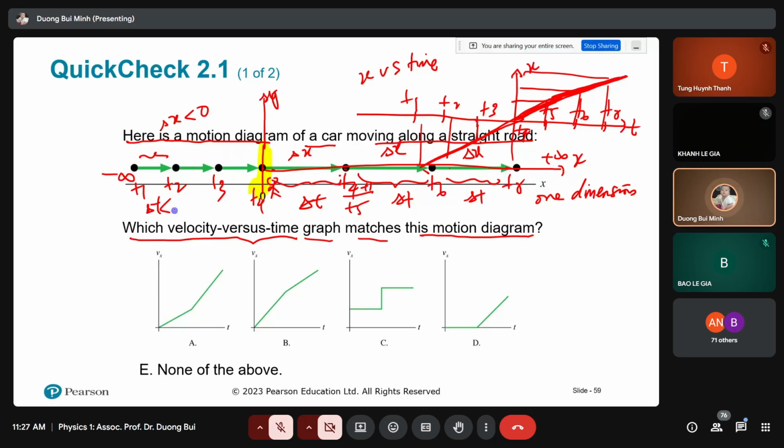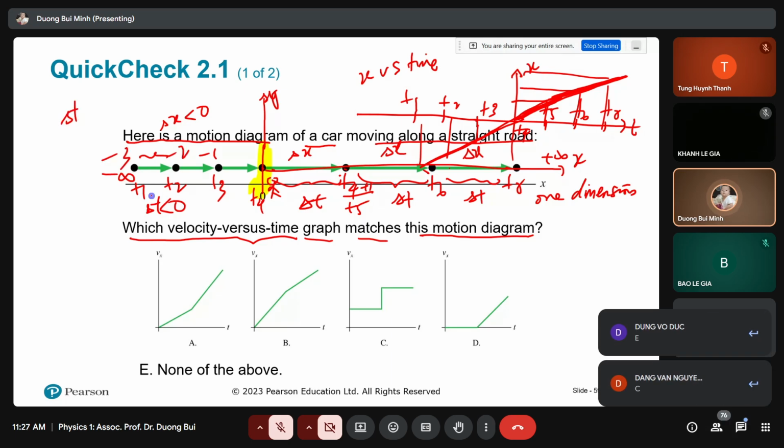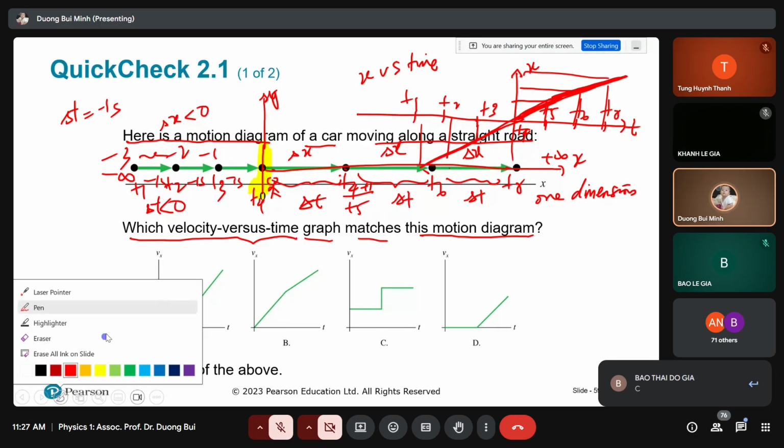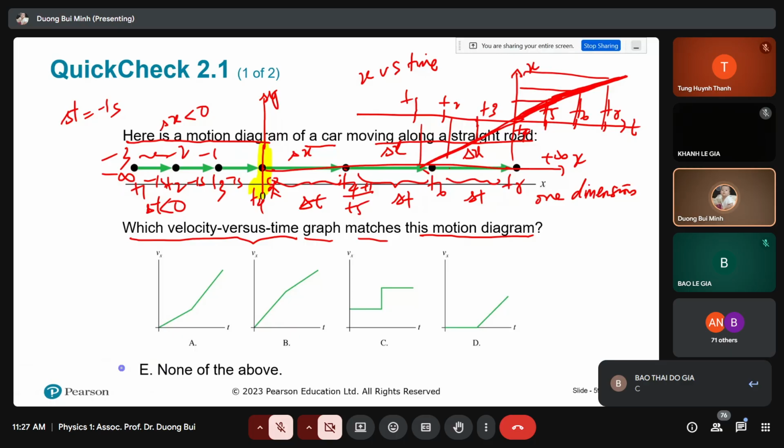Then delta t is negative, for example here is -1, -2, -3. So delta t is minus 1 second each time. Delta t is negative and delta x is also negative, so you get the curve of position like this.